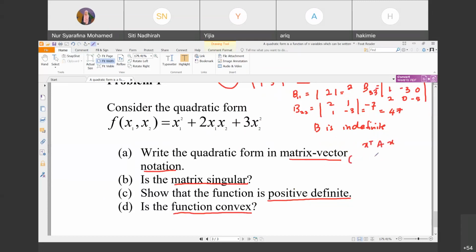What is your A and x here? It is x1, x2, then the matrix with the first row 1 and 3, and the second row 1 and 1. All right, all of you got this?